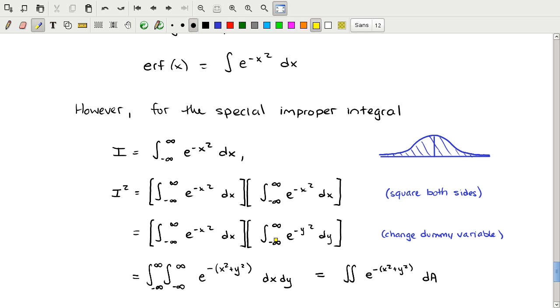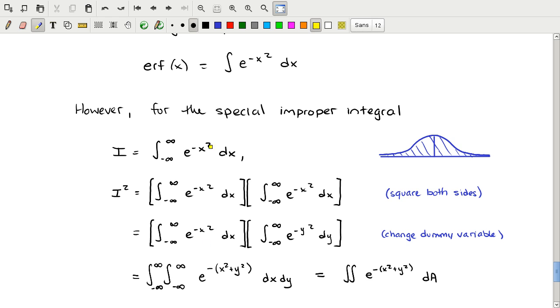And now, this is two integrals, and so I can combine them into a double integral of a separable function. I can combine them into the double integral from minus infinity to infinity of e to the minus x squared times e to the minus y squared, which can be combined: e to the minus x squared plus y squared dx dy.